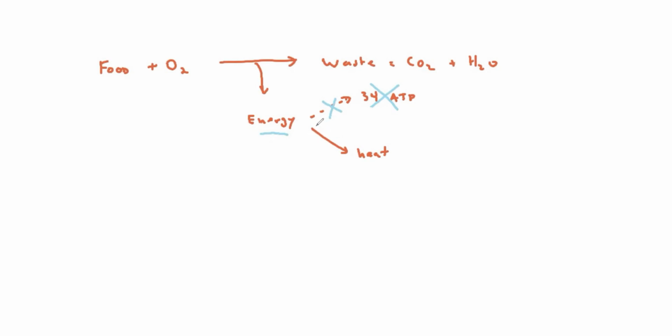And so in the case of a mitochondrion that is not producing ATP, all that energy is going to be realized in the form of heat, right? In other words, they'll be producing a lot more heat. And this is how we can have the generation of heat with brown fat. So this is the extra heat.